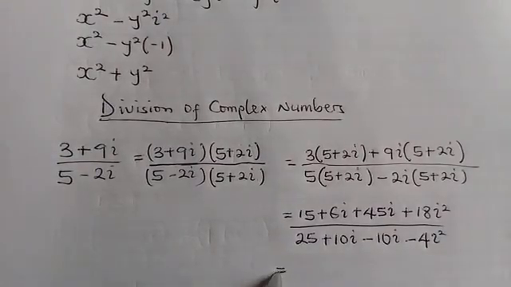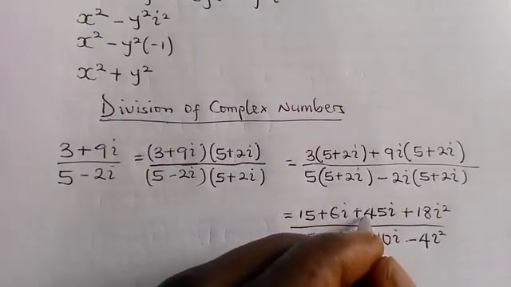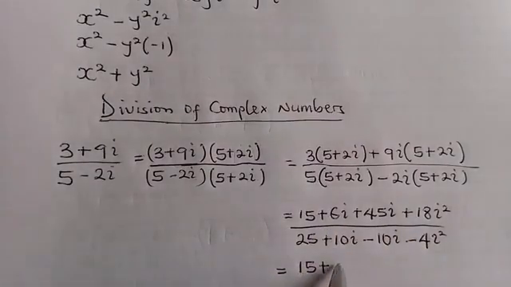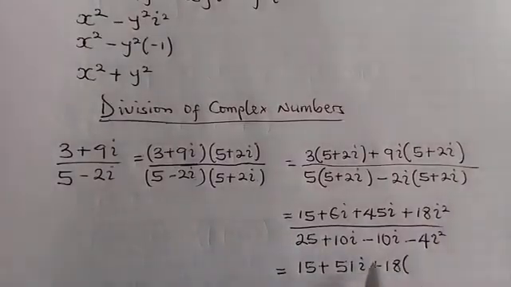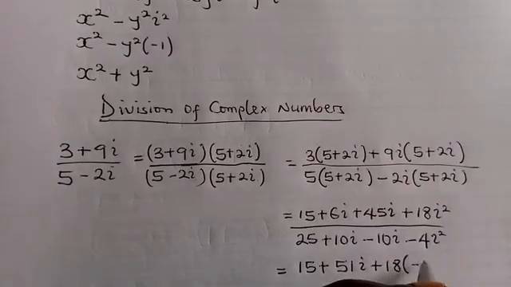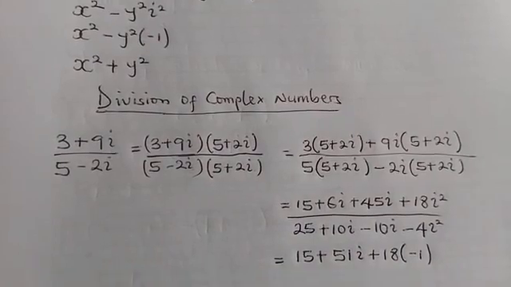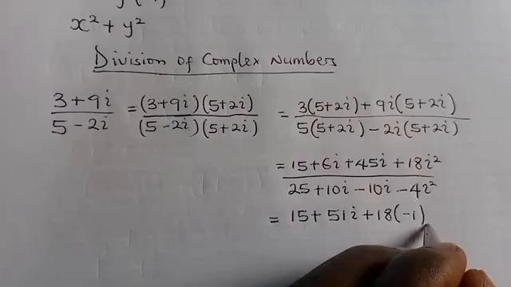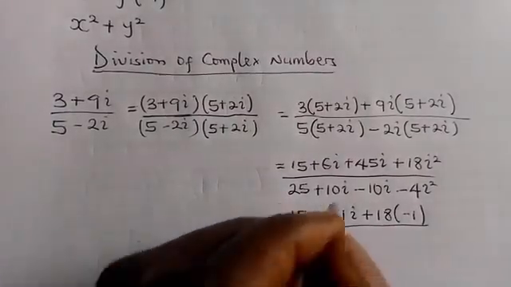And that's equal to 15 plus 6i plus 45i, which is equal to 51i. Plus 18i squared, remember i squared is equal to minus 1. So we are going to divide this by 25.